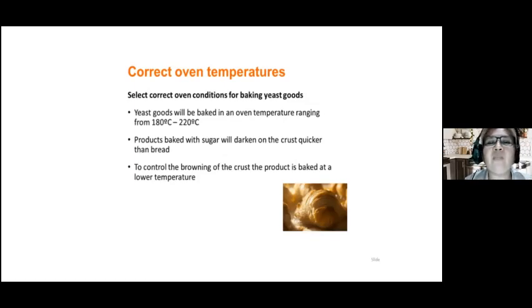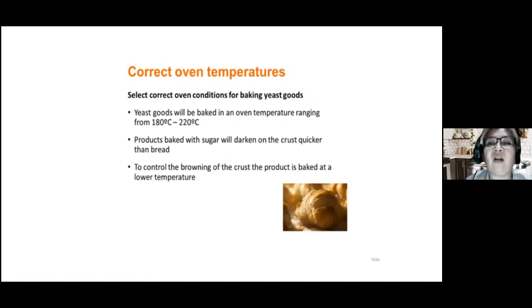So the best temperature that we can have is 160 to 175 degrees Celsius, or that is equivalent to 350 degrees Fahrenheit. So our products will be safe. Hindi siya masusunog. And always take note, you have to preheat your oven. It should have a steady heat before you place your pans inside the oven.